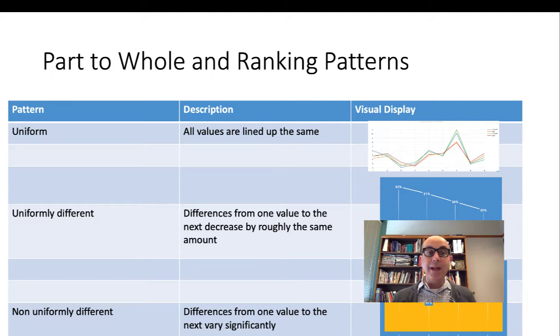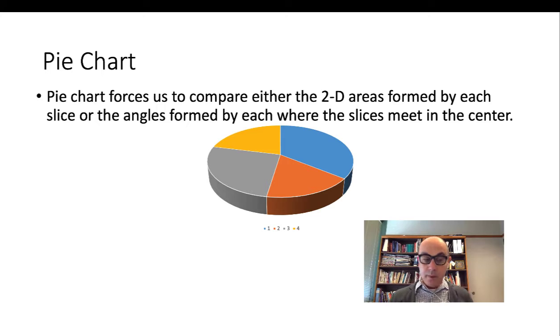And so again, uniform comparison, non-uniformity differences, and showing the difference from one value to the next. By doing that, we are trying to tell a story to the user who tries to understand our analysis.